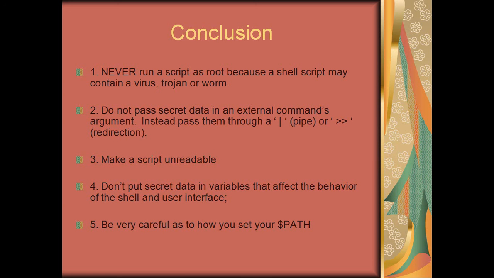Instead, pass them through a pipe or redirection. Point 3, make a script unreadable. Point 4, don't put secret data in variables that affect the behavior of the shell and user interface. Point 5, be very careful as to how you set your path. These are very important points and tips to follow when securing your shell script.